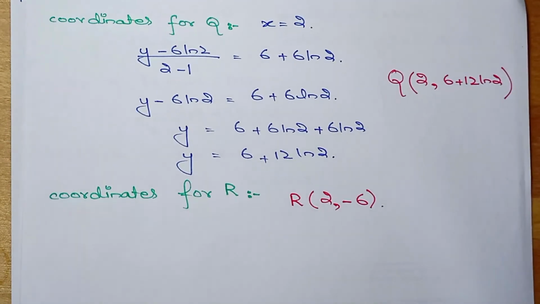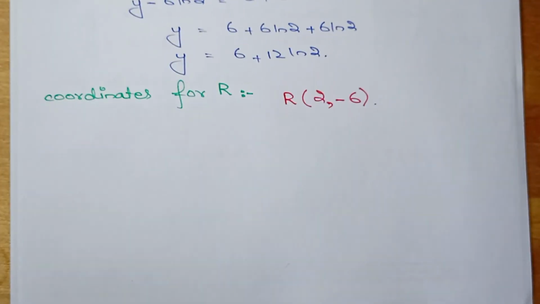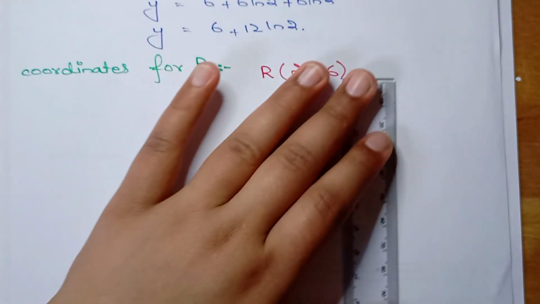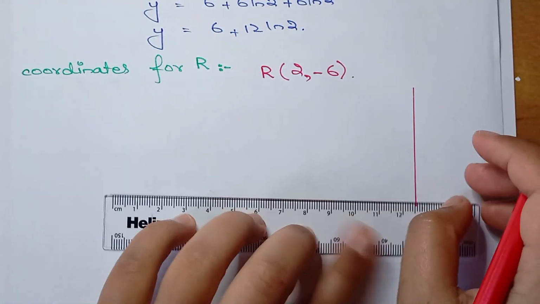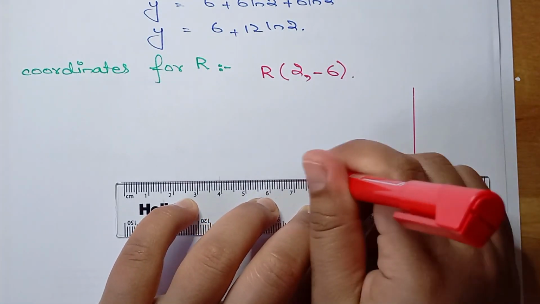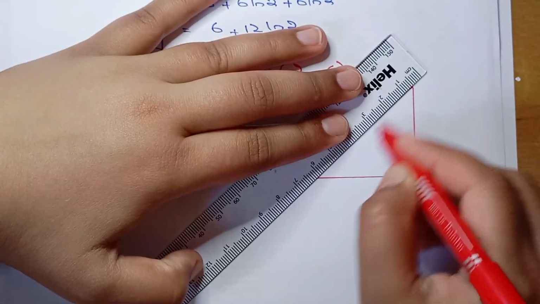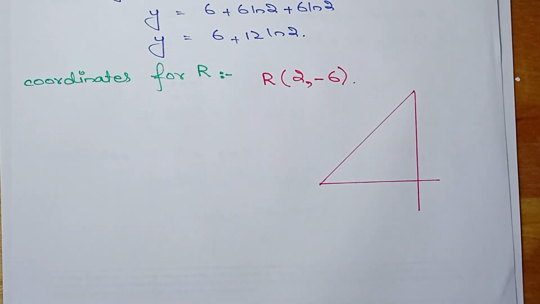Right, so we need to find the area for this triangle. Let me draw this triangle one more time. It's a right angle triangle PQR. So this is basically the triangle.